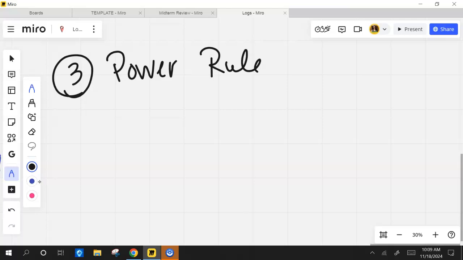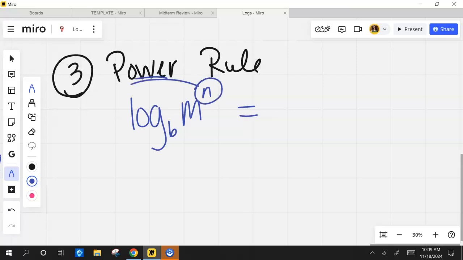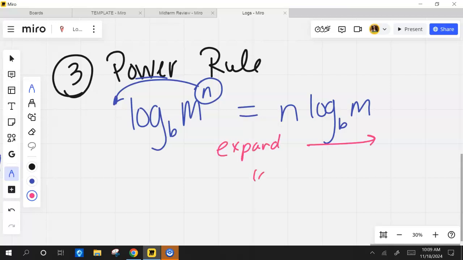What happens with our exponents when you raise a power to a power? You multiply. So I take this exponent, I bring it around to the front and multiply. This is expanding. This is condensed. As per usual.